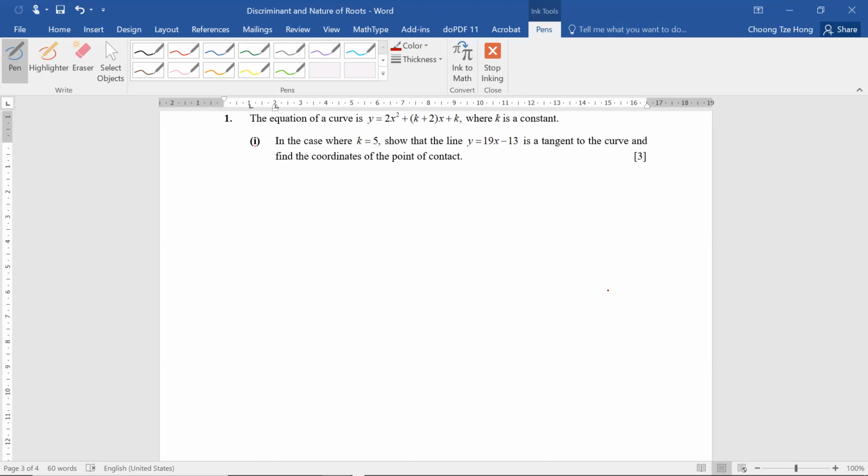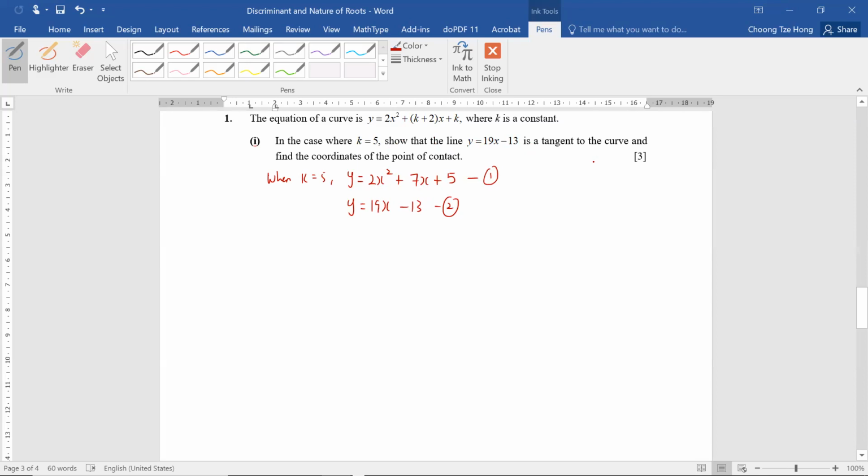When k equals 5, let's replace k with 5 first. Then the equation of the curve becomes y equals 2x squared plus 7x plus 5. Let's call this equation 1. The equation of the line we will call equation 2. They say show that the line is tangent to the curve.